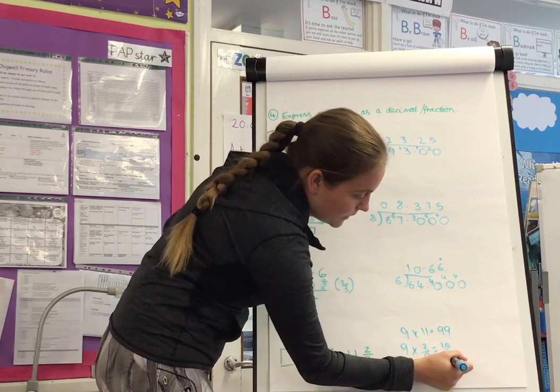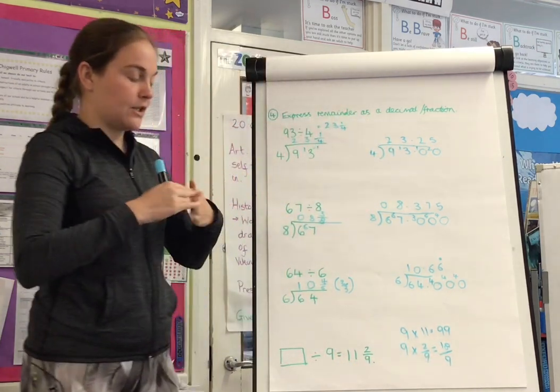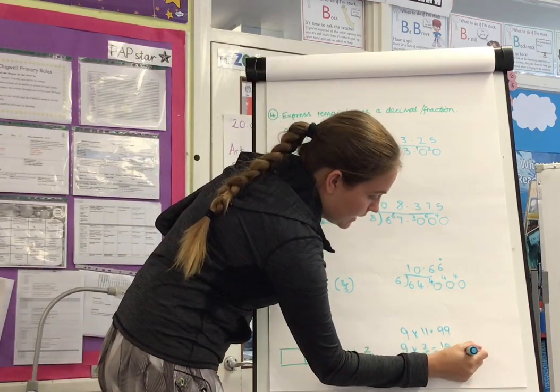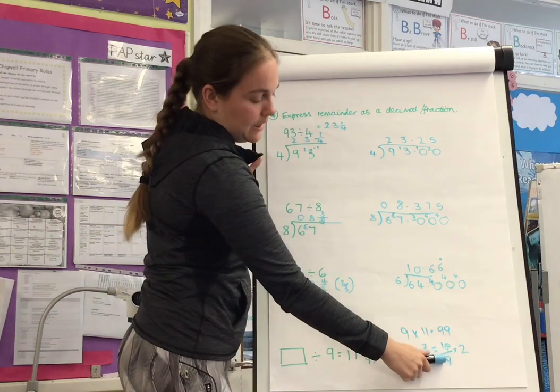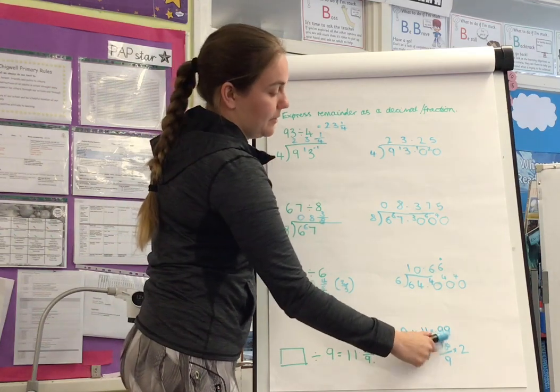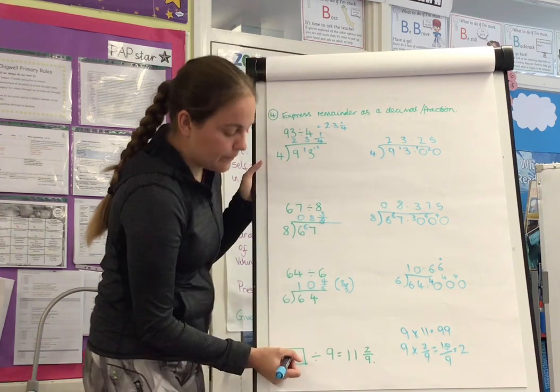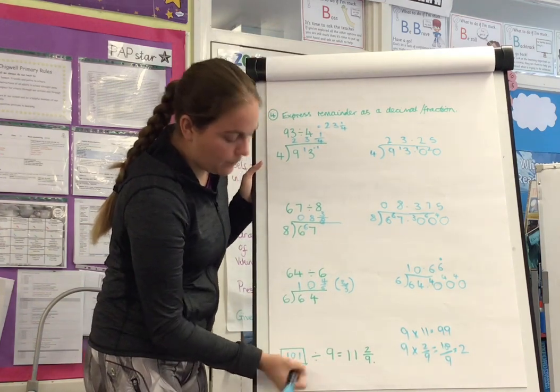And the 9 at the bottom doesn't change because the pieces of my fraction are not changing size. And 18/9 is the same as 2, because 9 times 2 is 18 and 18 is my numerator. So the answer here would be 99 plus 2, which is 101.